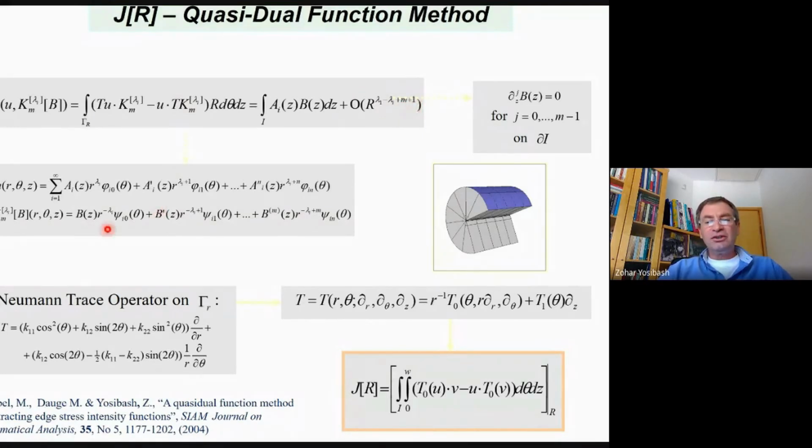So if we don't take any shadow, m will be equal to 0. If we want to compute the first so-called flux intensity factor here, then I will end up with lambda 1 minus lambda 1, which will be 0, plus m, which is 0, plus 1. Therefore, the remainder here will be of an order of r.